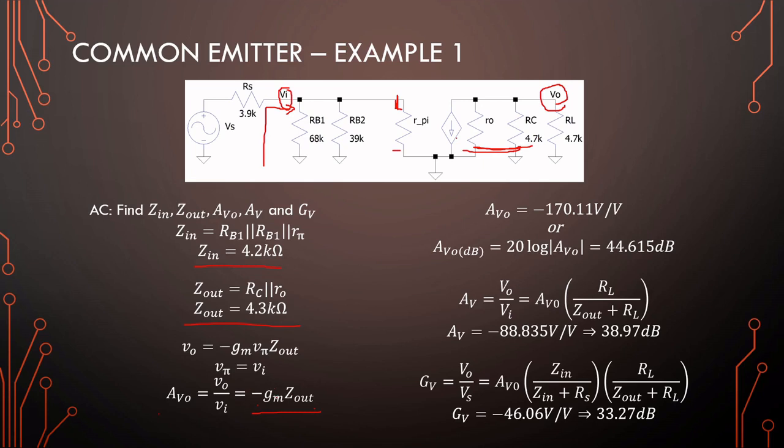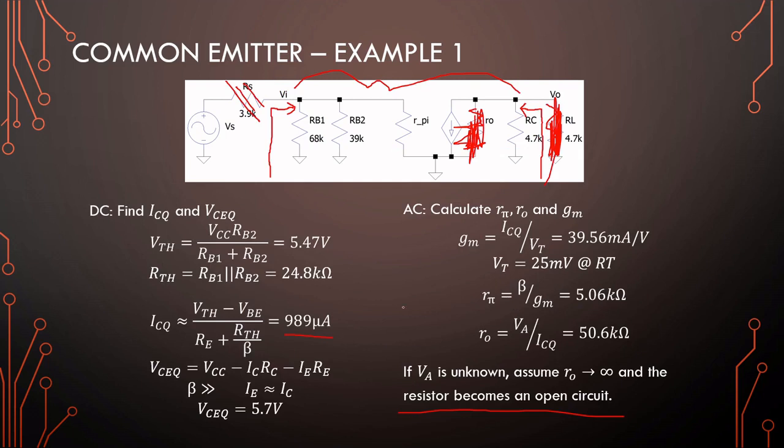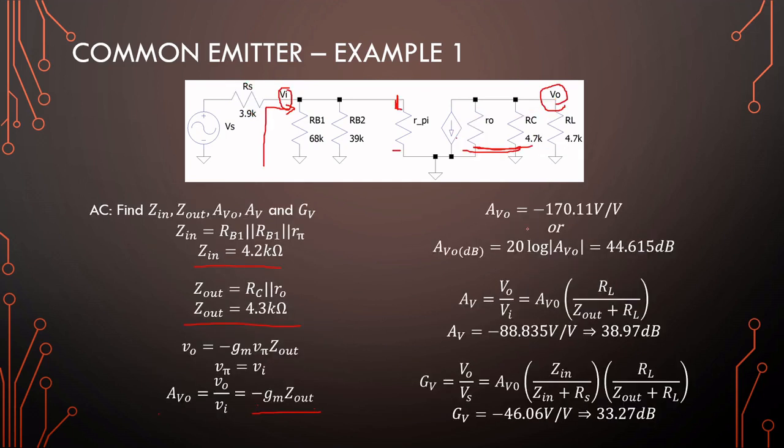And the amps will cancel because we are looking for volts per volts. Okay, so just plugging in the transconductance that we found here multiplied by the output impedance, we find a gain of minus 170.11 volt per volt.